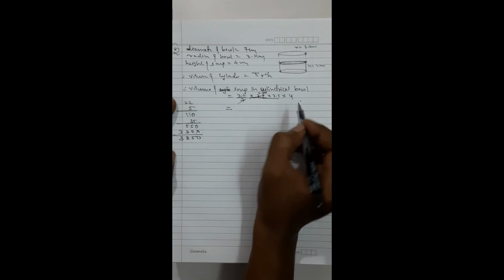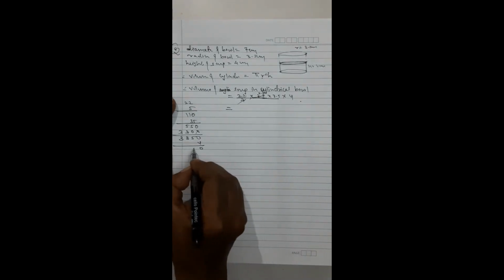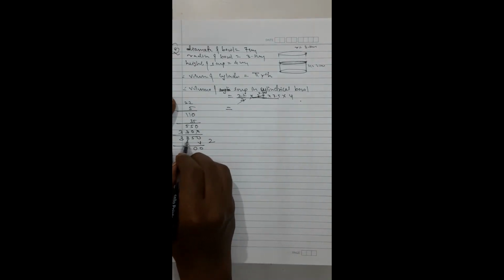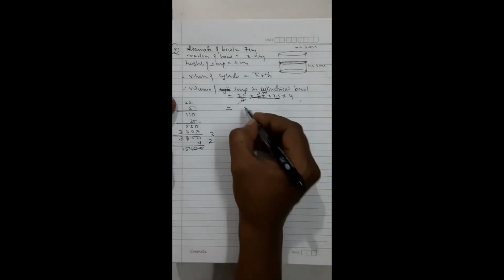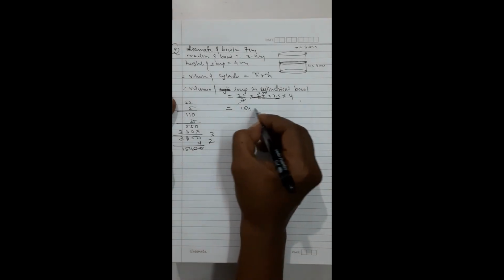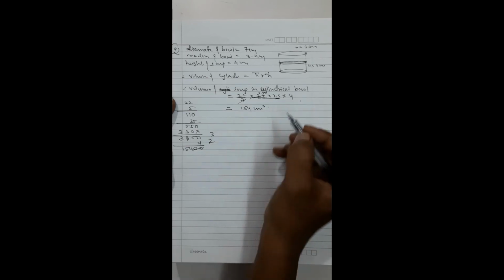So this I have reached, and then I have to multiply it by 4. 4 5s are 20, 4 8s are 32, 33, 34, 4 3s are 12, 13, 14, 15, 154. How many decimal places? 1 over here, 2 decimal places, this is gone, is equal to 154 centimeter cube. This is the volume of the soup in a cylindrical bowl.